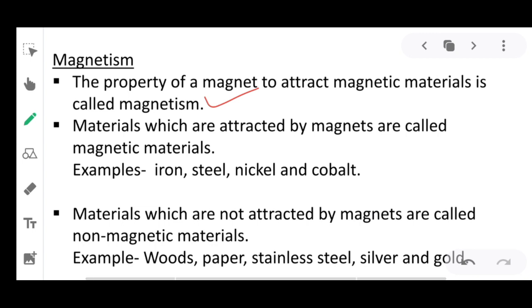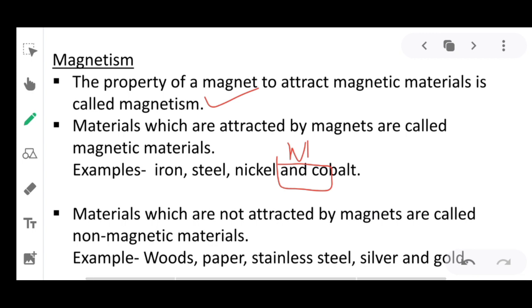So when you keep an iron nail near a magnet, it will attract the iron nail. But when you keep a plain paper or a wood, the magnet does not attract such kind of materials. Why?